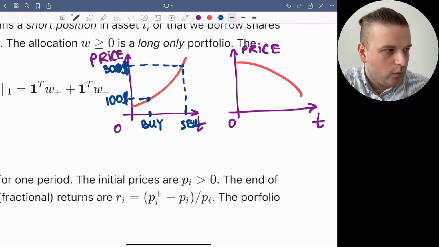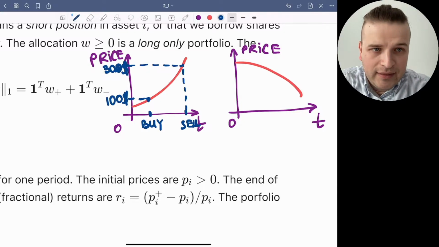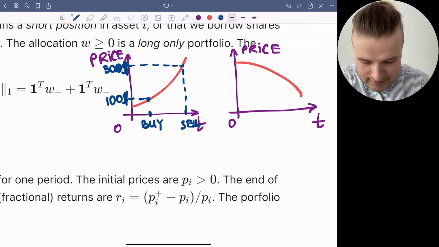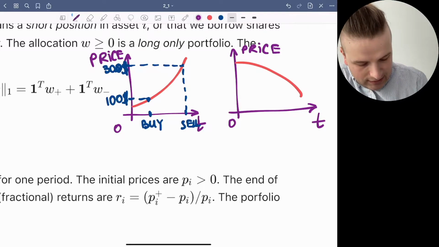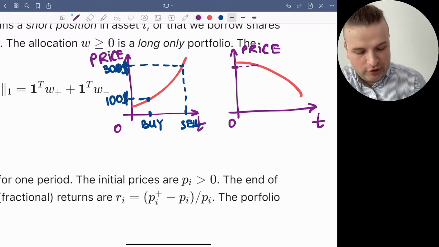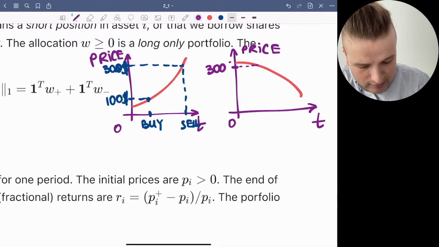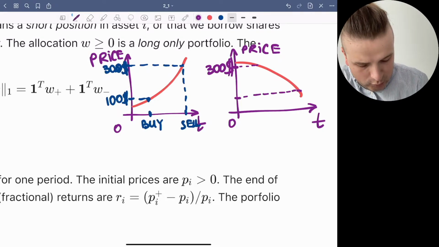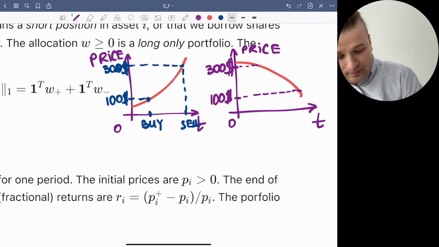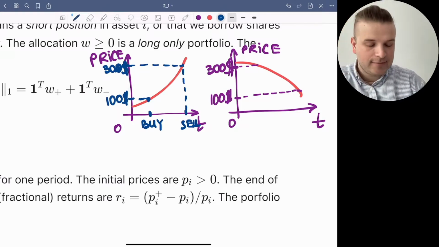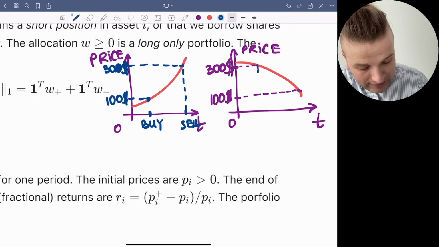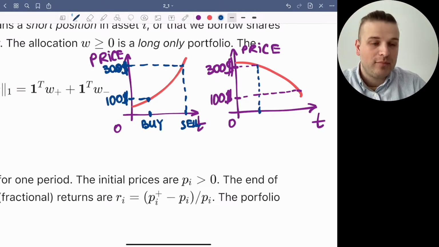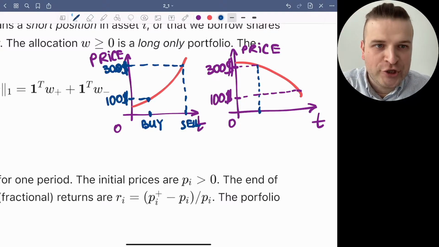But what do we have to do if we believe that the price should go down or decrease? Then, in this case, suppose the initial price of a share is $300, and you believe that this share will go down to $100. And in this case, you actually do not buy a share, but you can borrow a share from a broker.